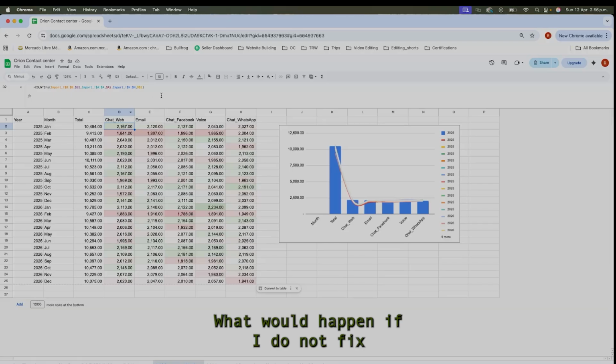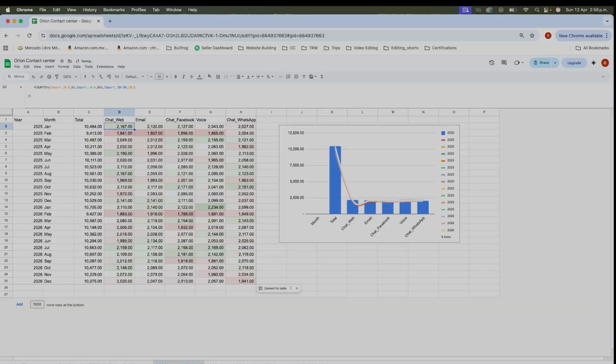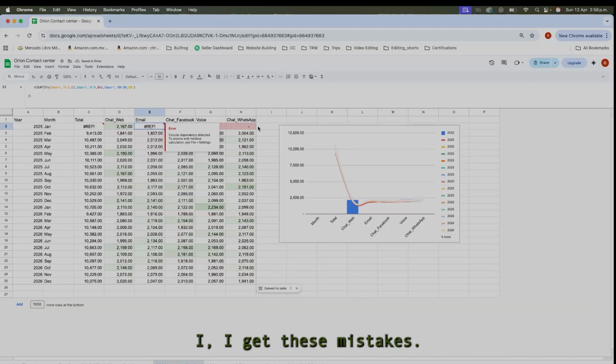What would happen if I do not fix the cells? Let me just unfix the cells. So you see what happens. See that I get these mistakes, like it breaks, right? Because the cells are not fixed.